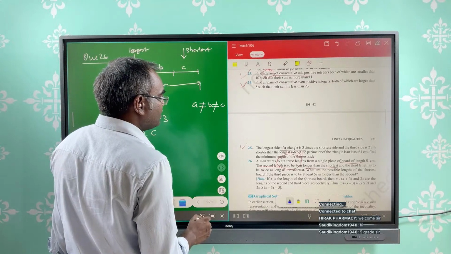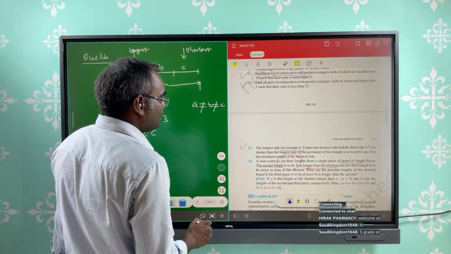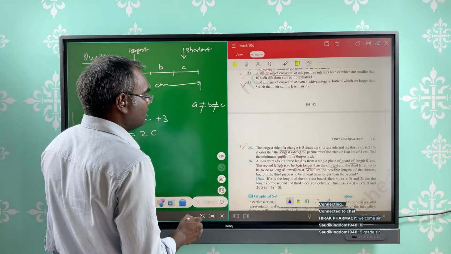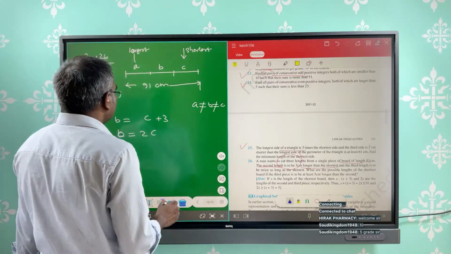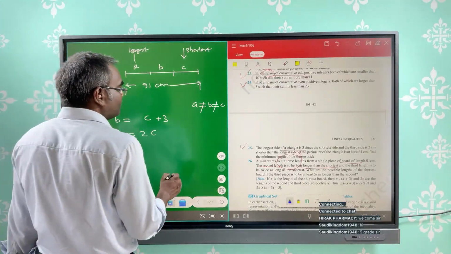What are the possible lengths of the shortest board if the third piece is to be at least 5 centimeters longer than the second? So let us solve this.